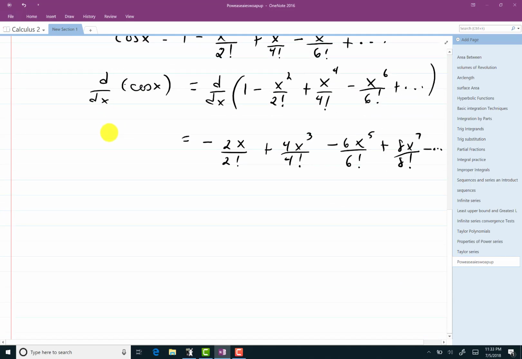With a little simplifying, I get negative x. This 4 cancels with 4 factorial, leaving 3 factorial. So you get plus x cubed over 3 factorial minus x to the 5th over 5 factorial plus x to the 7th over 7 factorial minus, and that will go on. Next I will factor out a negative.